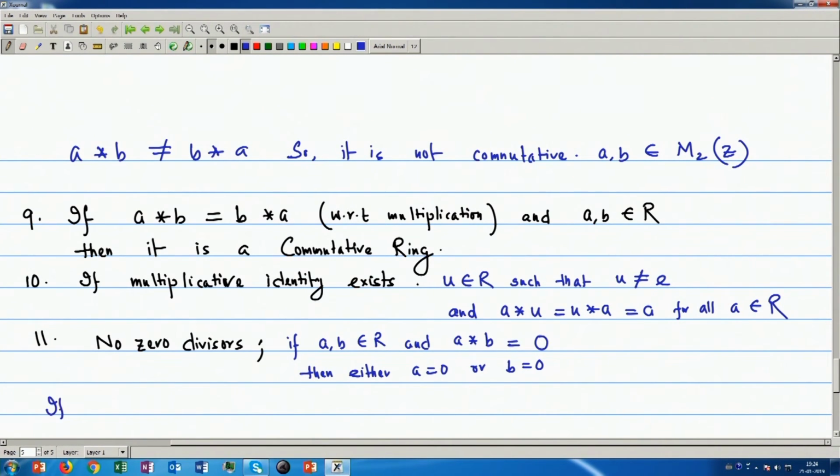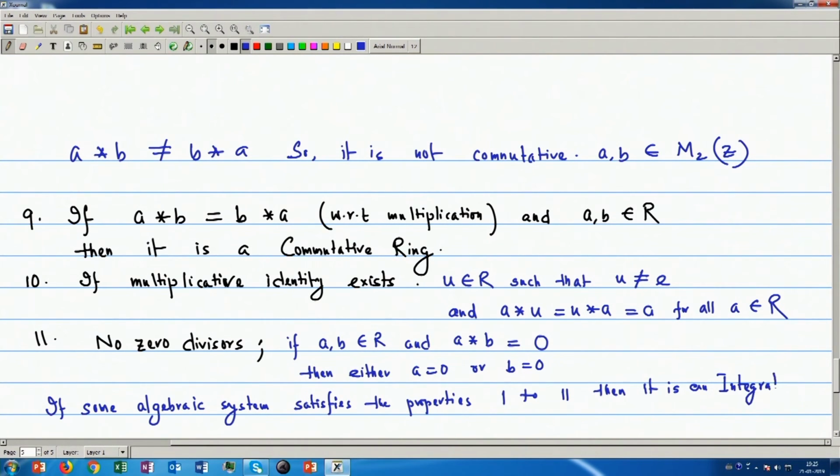So, if some algebraic system, or I can say the ring, satisfies the properties 1 to 11, then it is called an integral domain.